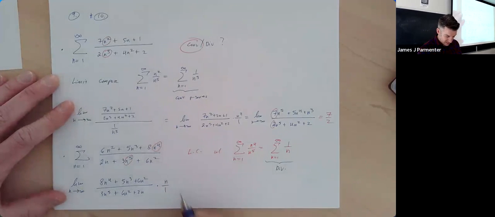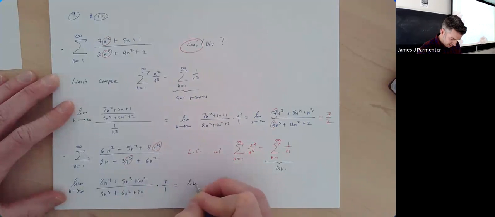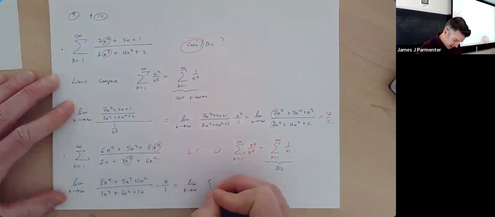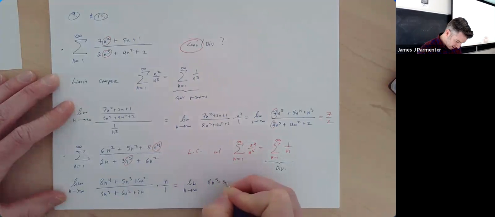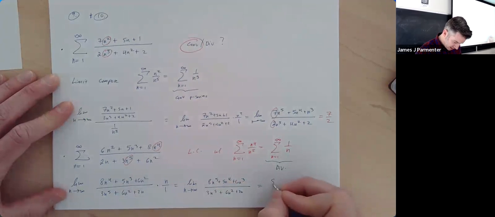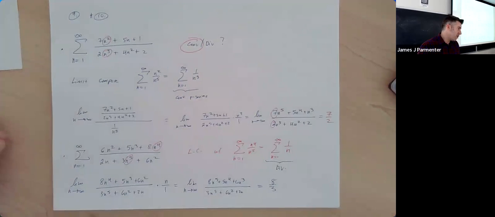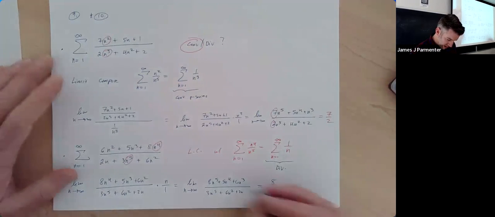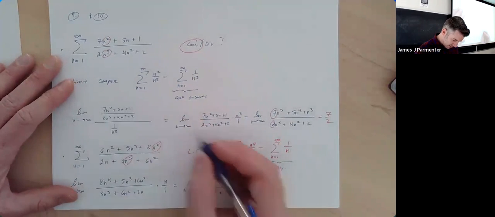And then we can see that if we distribute this n, we're going to get exactly what we thought we should get. 8n to the fifth plus 5n to the fourth plus 6n cubed over 3n to the fifth plus 6n squared plus 2n. And that's going to equal 8/3, which is not 0, not infinity. So same behavior. So we get divergence.